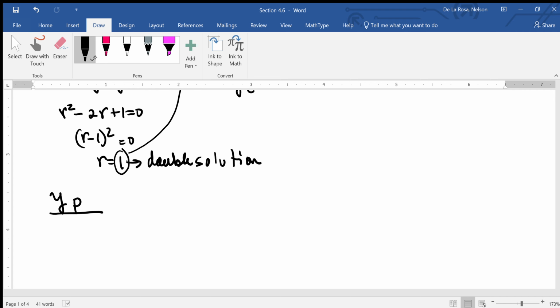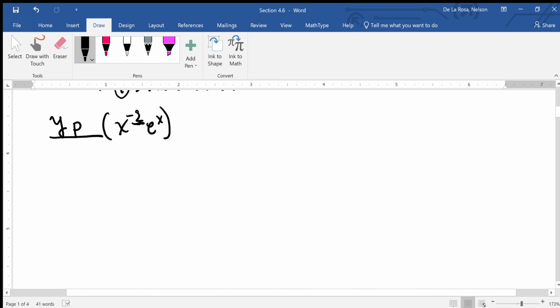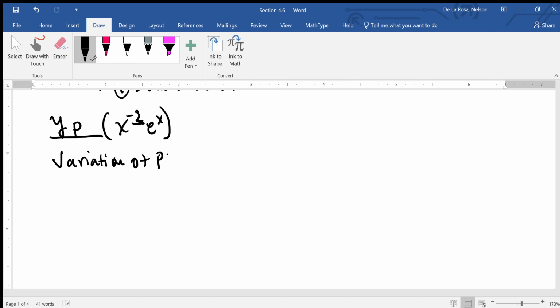Remember, here we cannot apply undetermined coefficients because of this negative exponent. So what are we going to use? We are going to use variation of parameters.